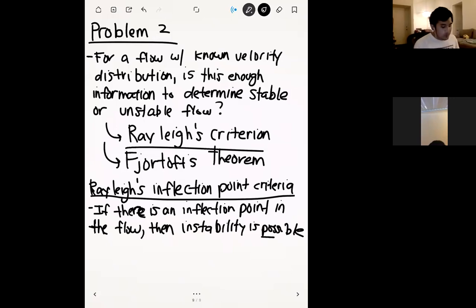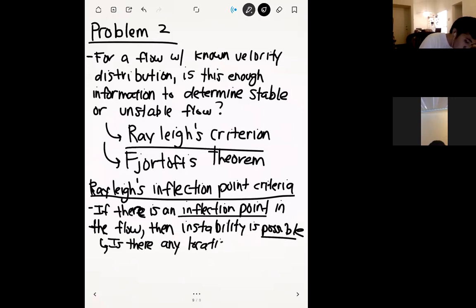Okay. And so what's an inflection point? An inflection point is any location in the velocity field where the second derivative of the velocity is 0. And so the question that you want to ask for Rayleigh's criterion is, is there any location where the velocity profile, or I should say the second derivative of velocity, is zero?